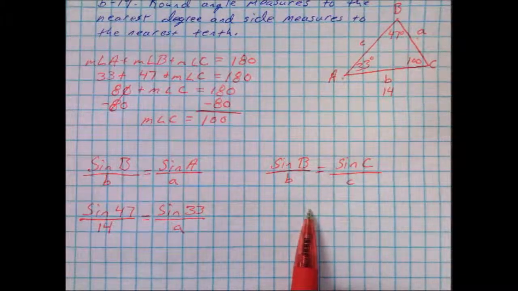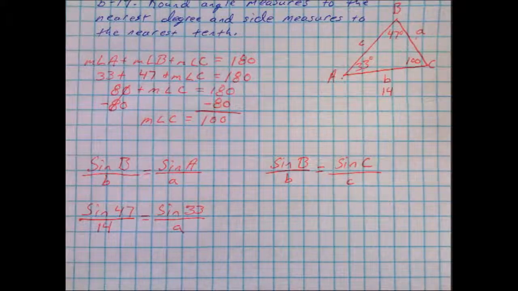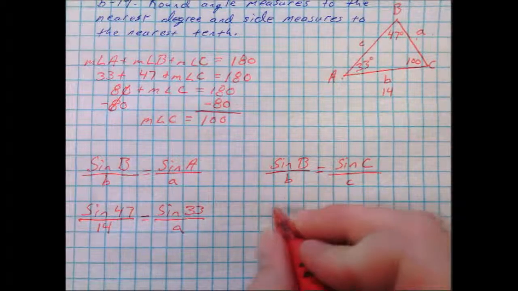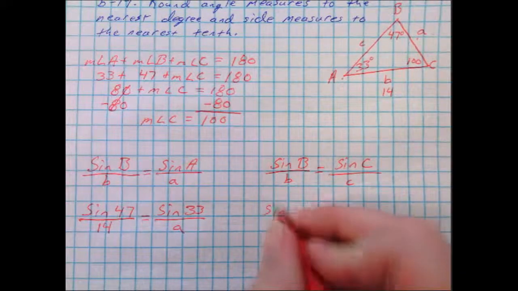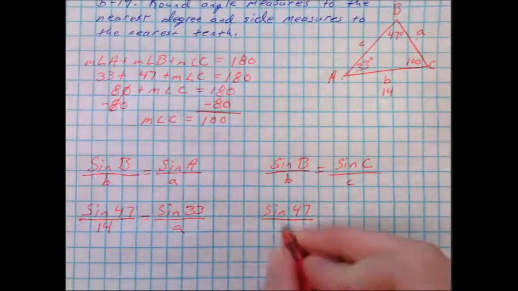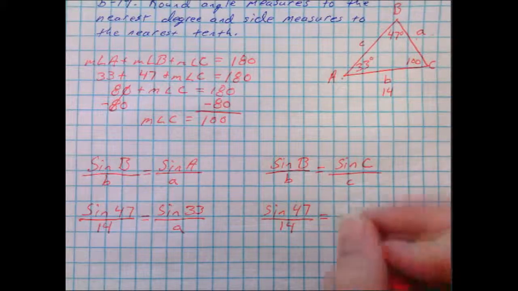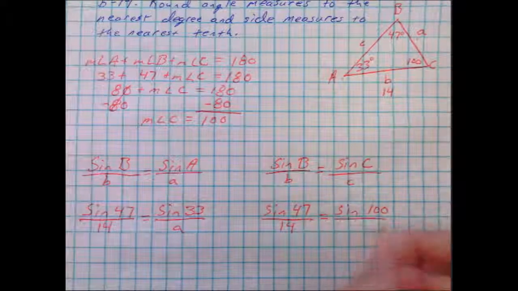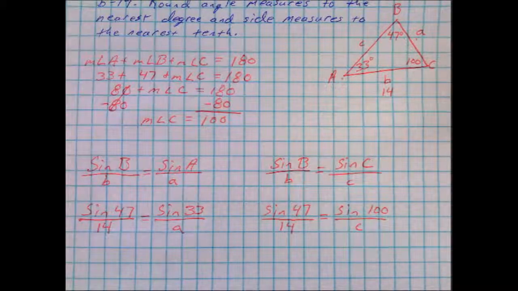I'm going to do the same thing for this other side, and then I'm just going to work on one to solve, and then I'll come over to the other one. So substituting in sine of angle B, 47, over side B, which is 14, equals sine of angle C, which we found to be 100, over side C, which we don't know yet.